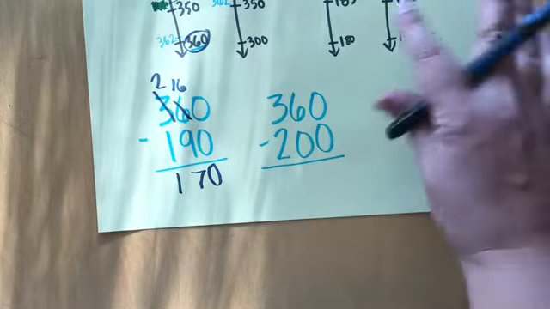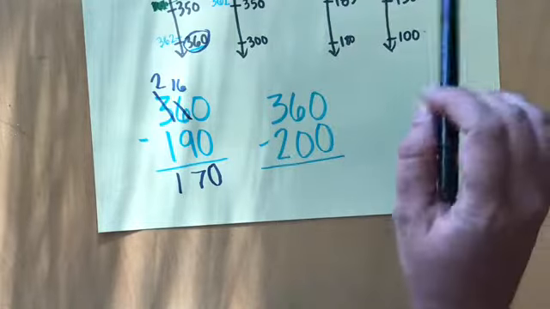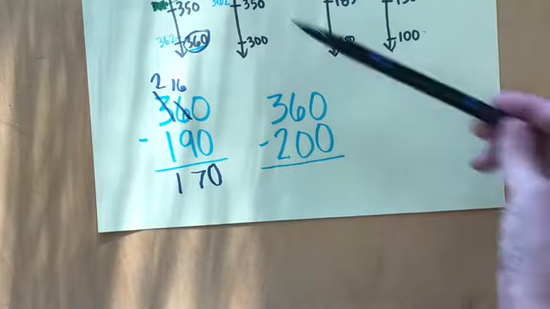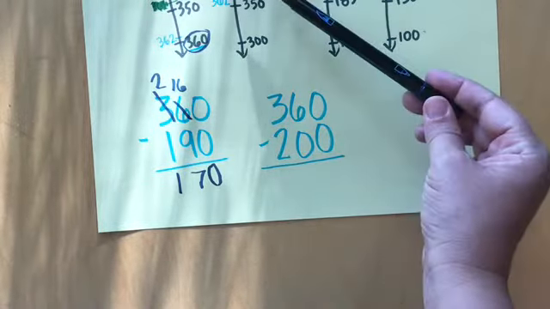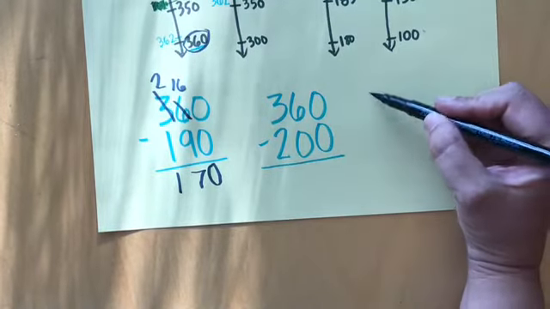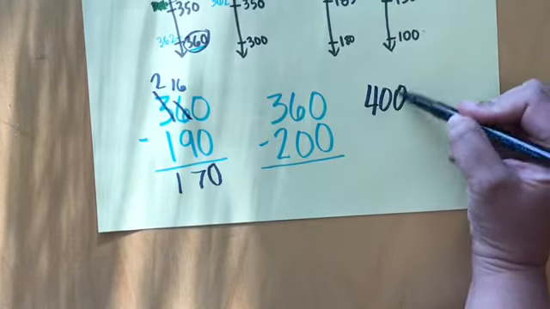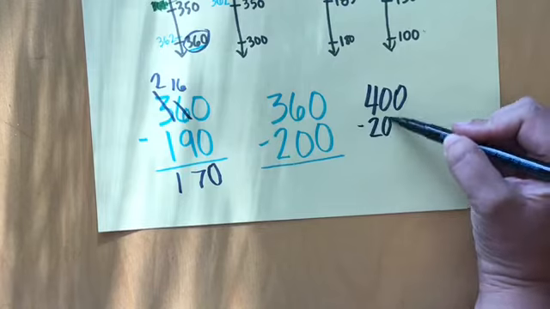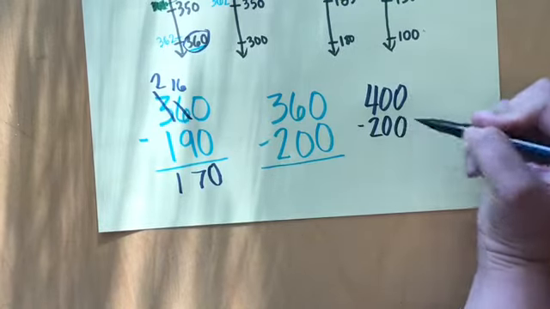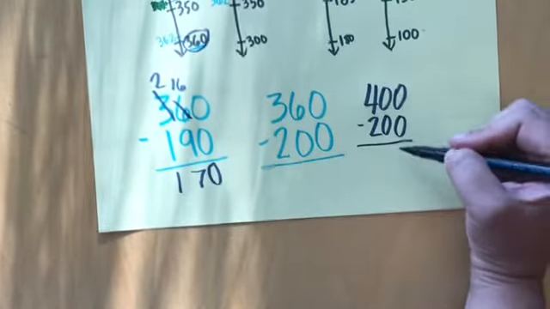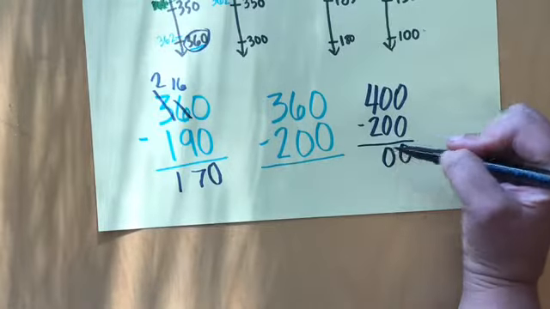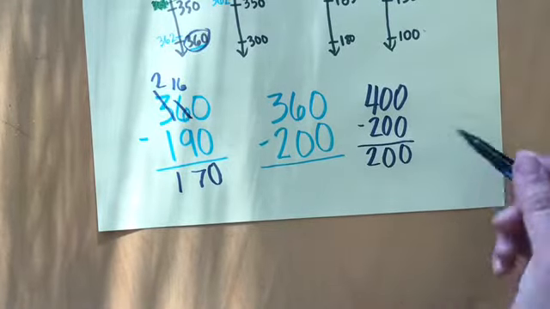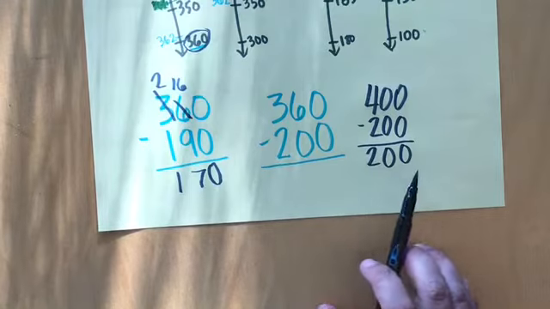Let's take a look at if we had rounded to the nearest 100 and done 400 take away 200. Okay, so I can do this one in my head pretty easily. There's no borrowing, but my answer is 200.